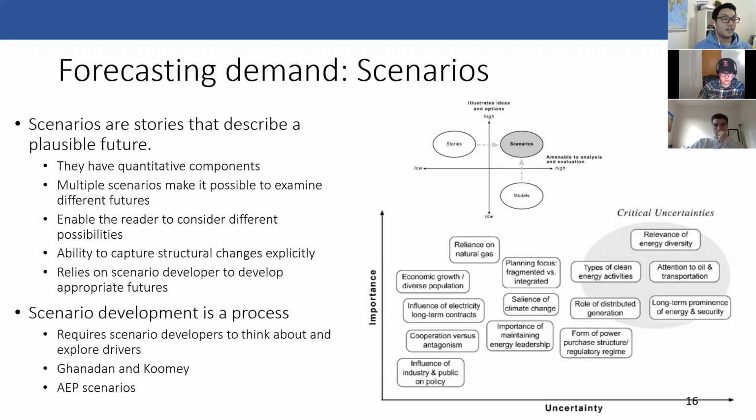makes sense. When you have multiple scenarios, it makes it possible to examine different futures, right? So even if you don't believe one set of assumptions that leads to a specific type of outcome, you could plug in a different set of assumptions and look at a different outcome.